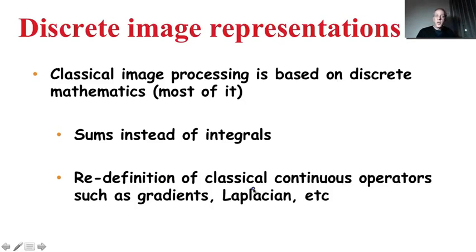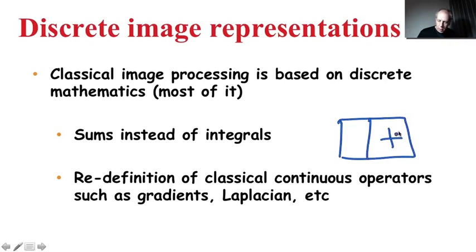Also, every time we saw a continuous object, a derivative, which is a tool from calculus, we immediately discretized it. Remember, we talk about, for example, the derivative in the x direction, and we say, okay, let's do plus 1 and minus 1 here. So immediately we redefine its discrete counterpart, because we want to be in the discrete world, we want to be in a discrete space.